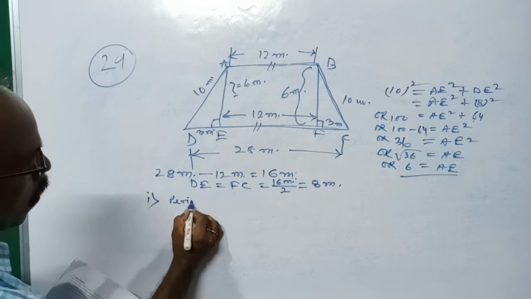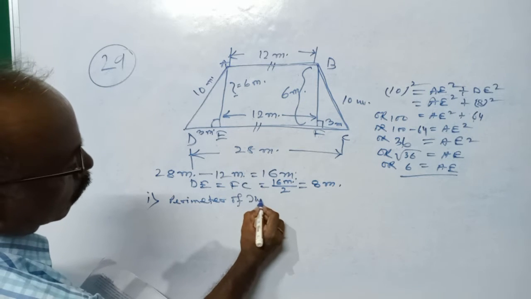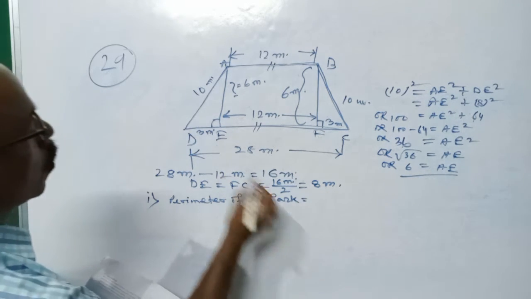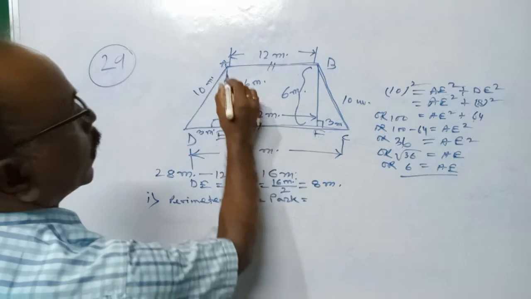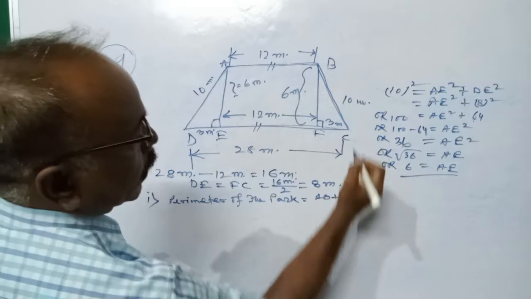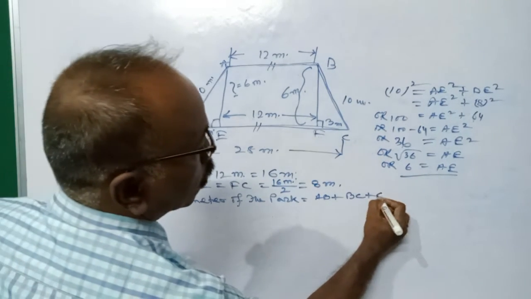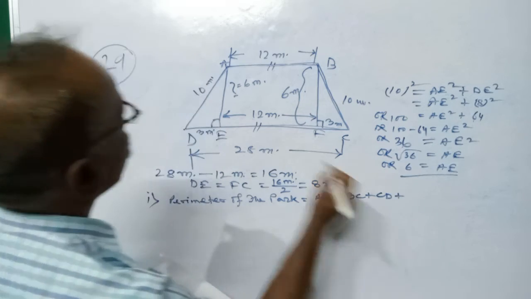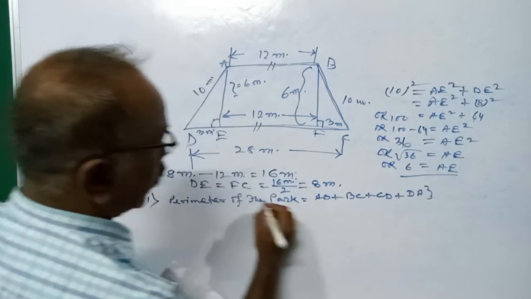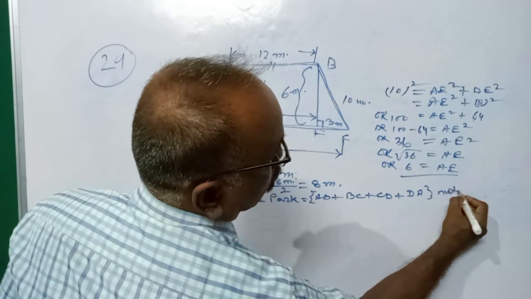Perimeter of the park is equal to, say, AB plus BC plus CD plus DA. Am I clear? This is the perimeter of the park, in meters.